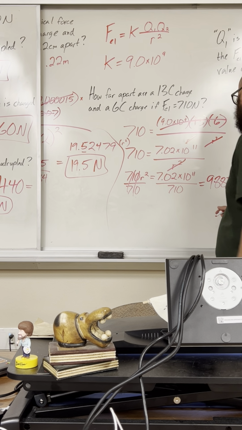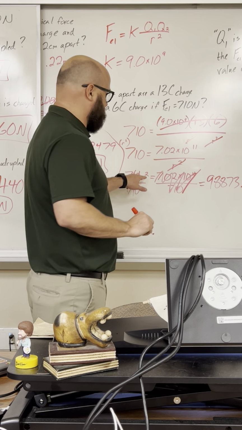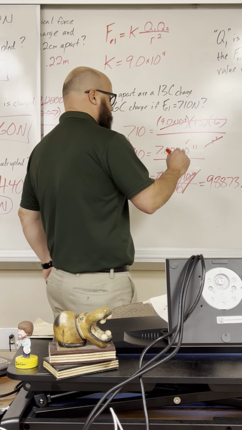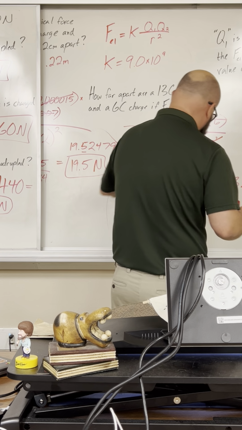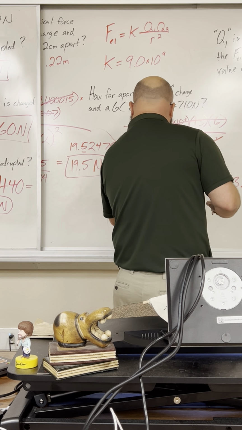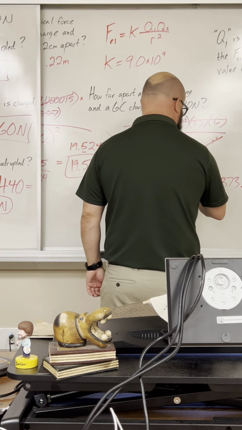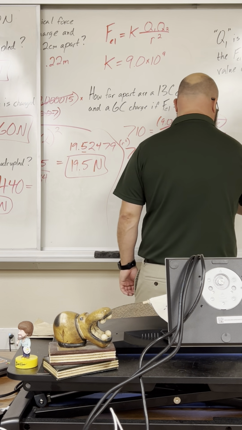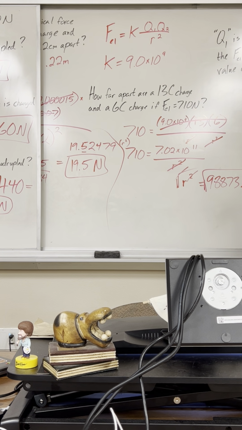Right. But that's still not R, that's R squared. So to finish it off, we have to do the square root of both sides. R squared, we got to do square root, cancels that. Take the square root of that big number. Still a pretty big number, but more manageable.